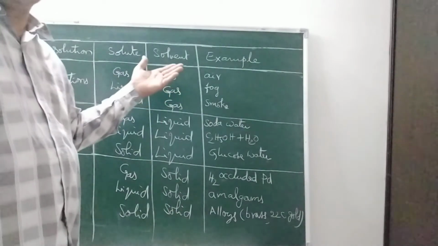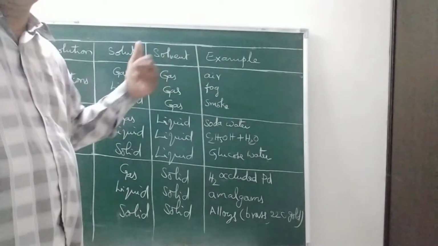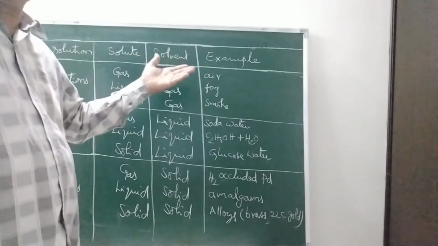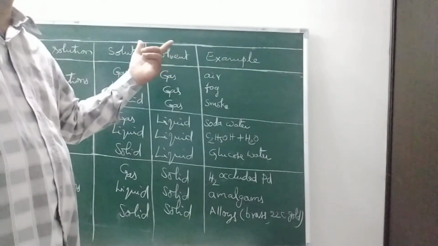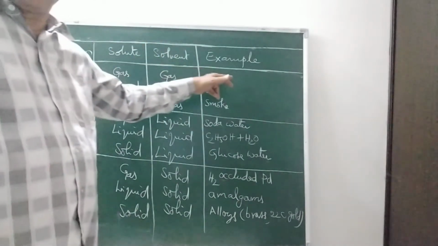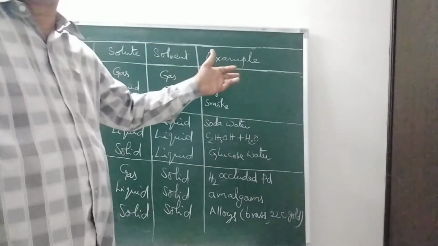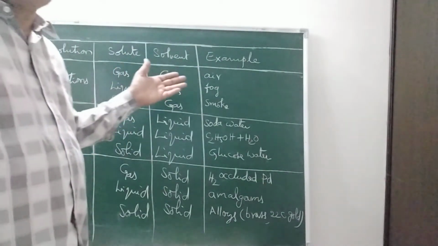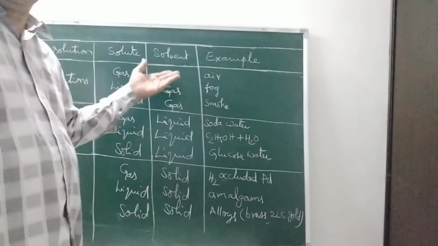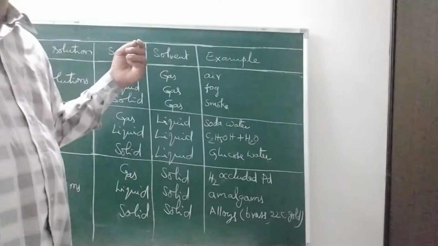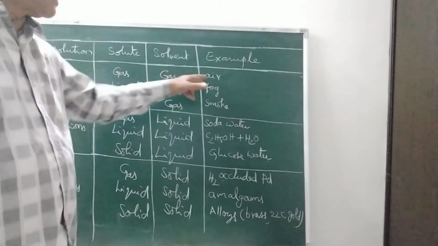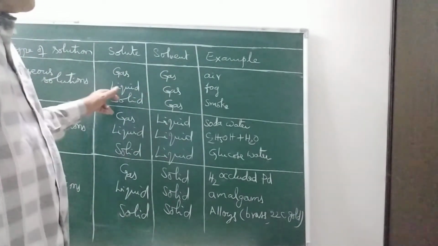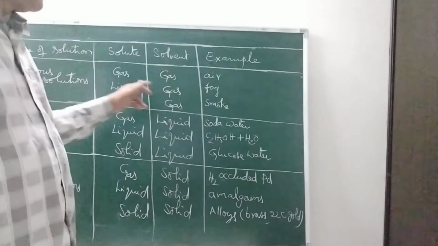Mainly it contains around 79% nitrogen and around 19 point something percent oxygen, and the remaining are argon and other gases like water vapor, carbon dioxide. So the major components in air are nitrogen and oxygen, both are gases.